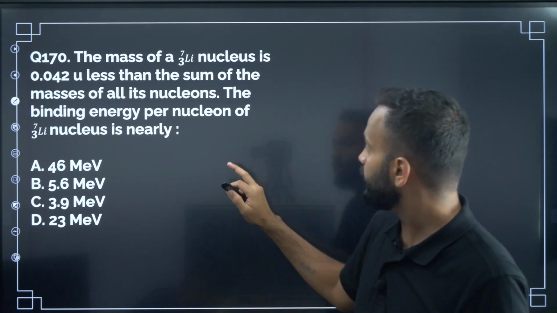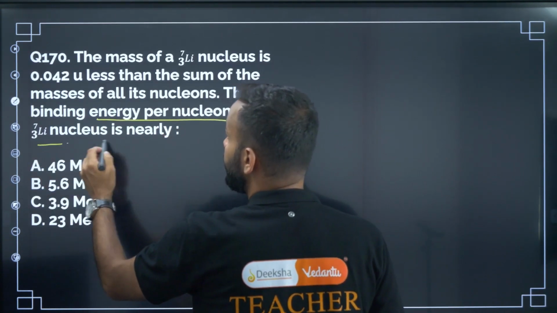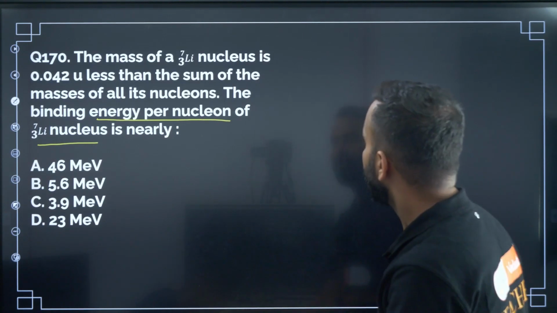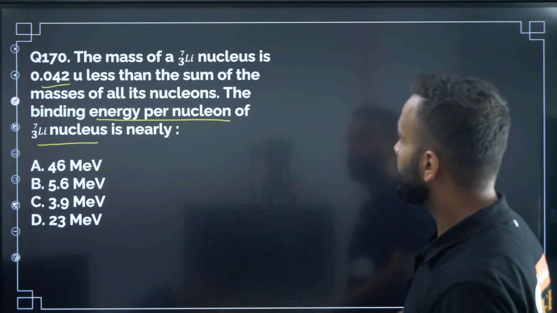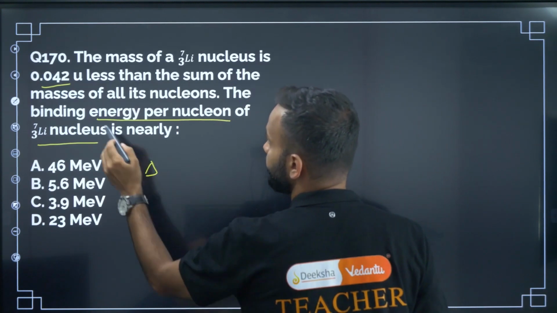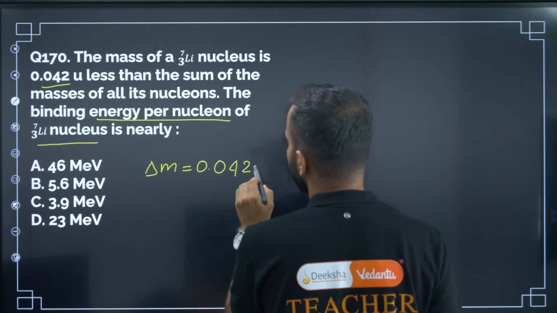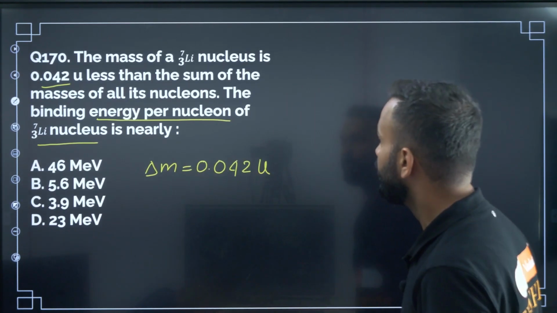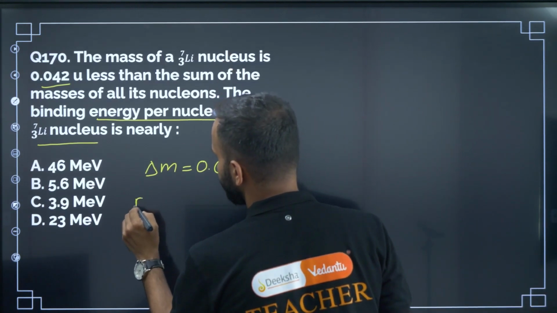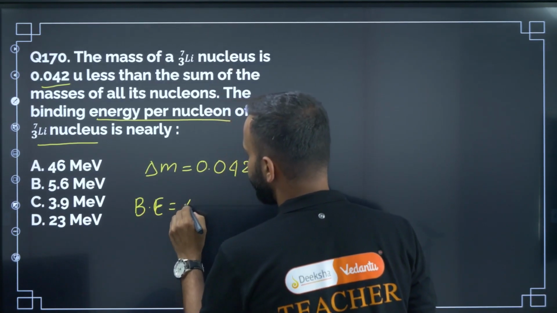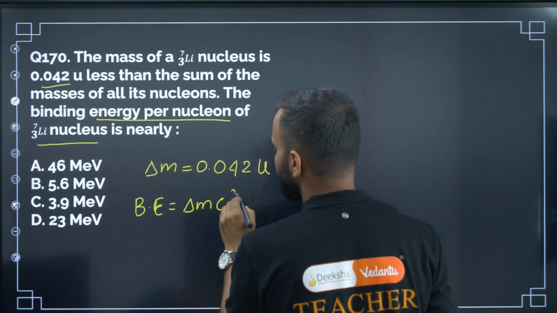The binding energy per nucleon of the lithium nucleus is nearly. Here the mass defect is given: delta m = 0.042 atomic mass unit. So let us find the binding energy of the lithium. Binding energy = delta m (mass defect) into c square.